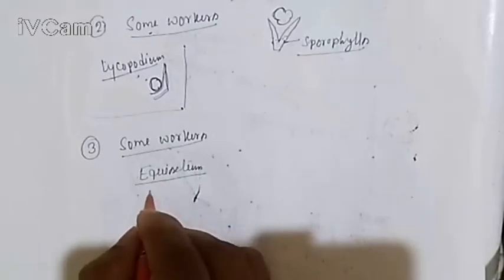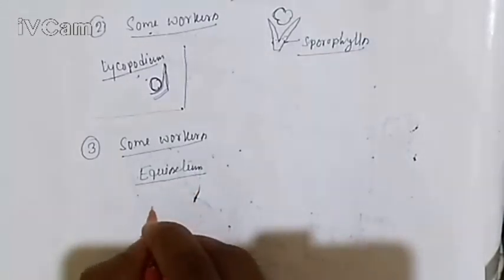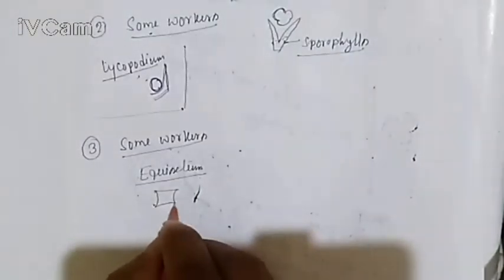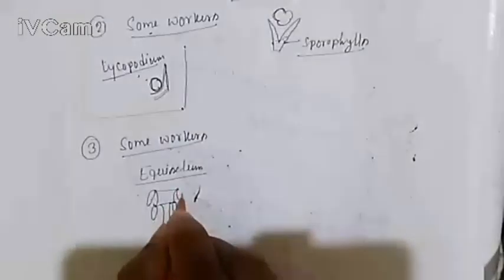I described it in the last class. In the case of Equisetum, the spore-bearing organ looks like this. Suppose this is a sporangiophore of Equisetum, where sporangia are hanging from a disc.